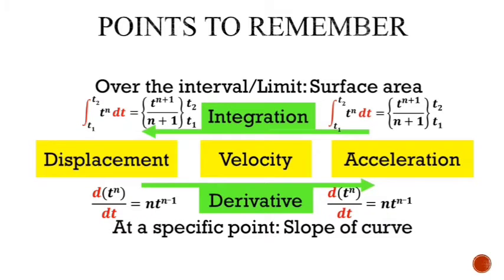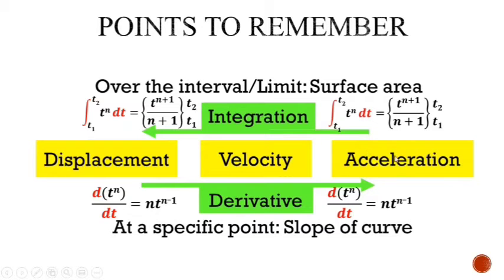Here you can find all the points we have studied up till now. If the displacement is given, then to find velocity and acceleration, you need to take the derivative. If displacement is given, the first derivative will give the velocity and the second derivative will give the acceleration. Derivative is always taken at a point, and it is nothing but the slope of the curve.